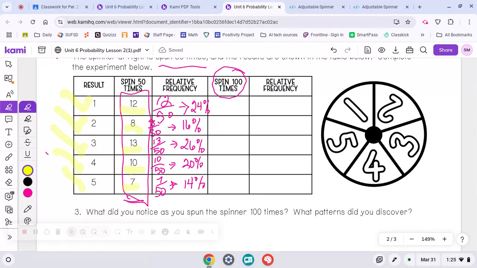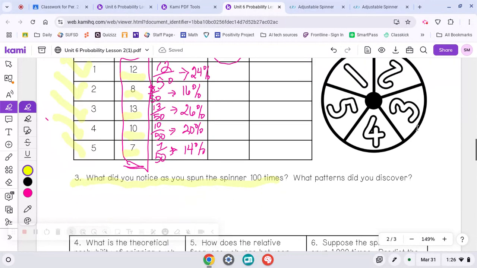We are now going to take a look at the simulator, and we're going to spin this 100 times, and let's see if we get values that are getting closer to the actual theoretical probabilities of each of these numbers.